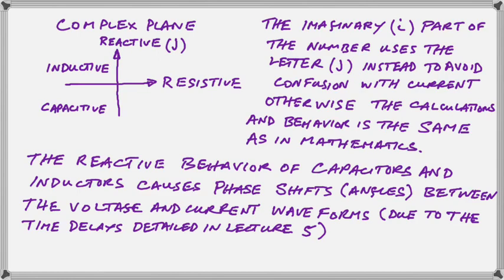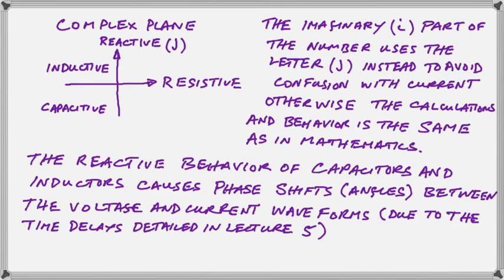So very briefly, the complex plane, which is shown here, I've shown the imaginary axis and the real axis that you would normally be familiar with in complex numbers. And we have shown you that, loosely speaking, in the context of impedance, the reactance would be on the imaginary plane with inductive positive and capacitive negative, whereas the resistance is on the real plane.